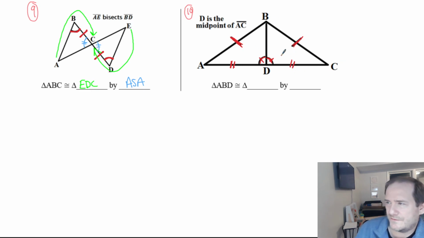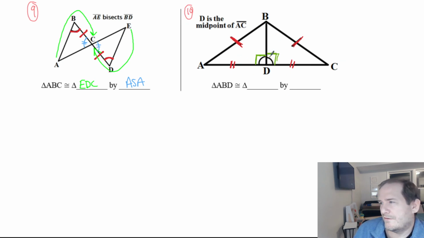Then the problem is, if I have only this information, then this looks like ASS. So I'm not sure what they had in mind here, but hopefully you understand that even though these angles are marked with just curves, actually these angles have to be 90 degrees each. Because if they're congruent and they add up to 180, they'd have to be 90 and 90 since they form a straight line.